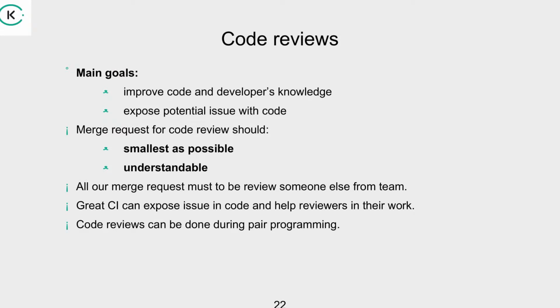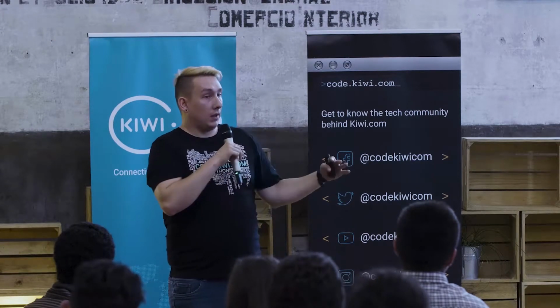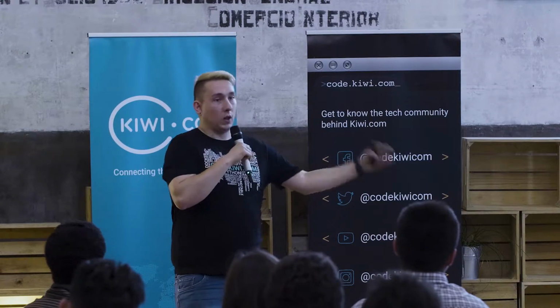You can also improve a merge request by having great continuous integration, which helps you improve your code. For example, we have Black. If you don't know what Black is, it's a strict formatter for Python code.